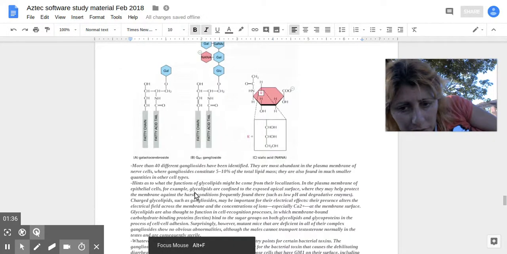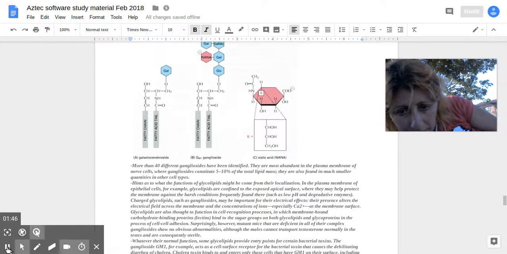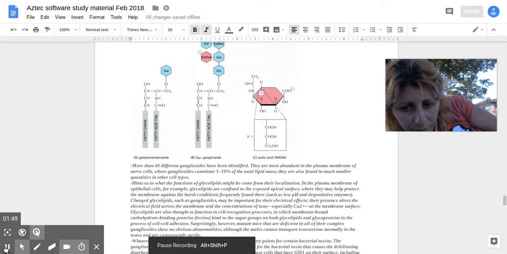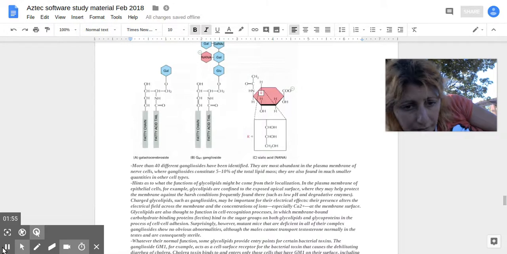Their localization in the cell membrane helps protect the membrane against harsh conditions such as low pH and degradative enzymes. Charged glycolipids also may be important for their electrical effects, altering the field across the membrane and the concentrations of ions such as calcium at the membrane surface.